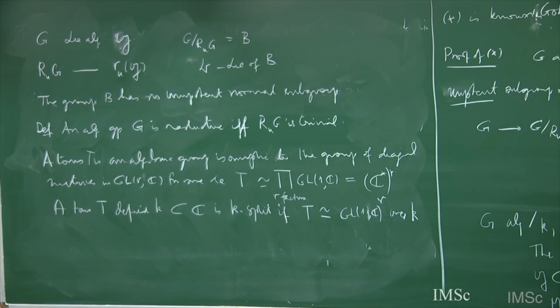So T breaks up into a product of one dimensional groups, each one isomorphic to C star over K.